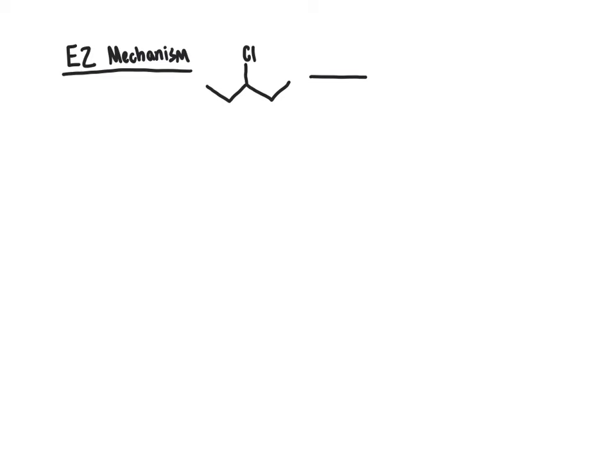We're going to react it with NaOH, sodium hydroxide. And I'm going to give you the clue here that this is an E2 reaction mechanism, because keep in mind that elimination reactions and substitution reactions compete with one another.